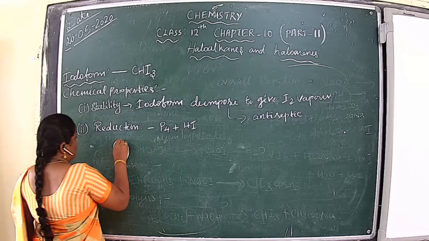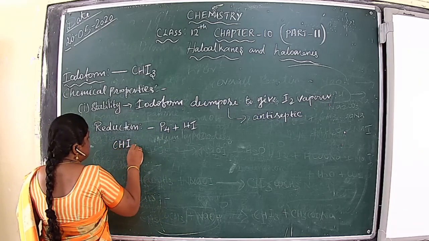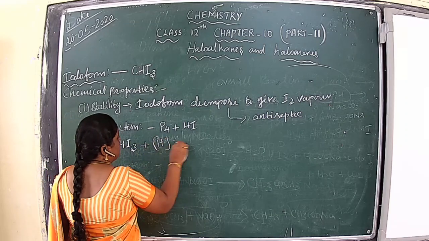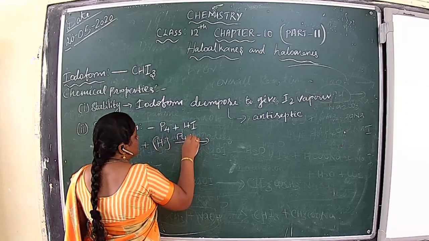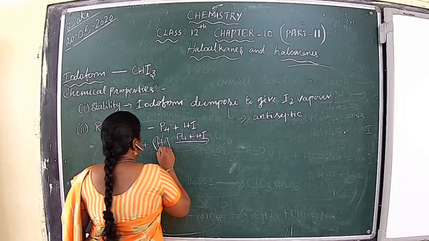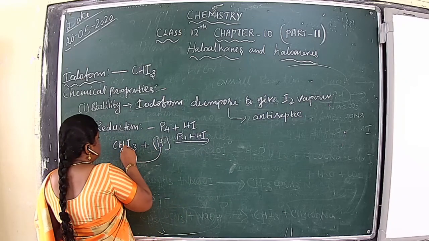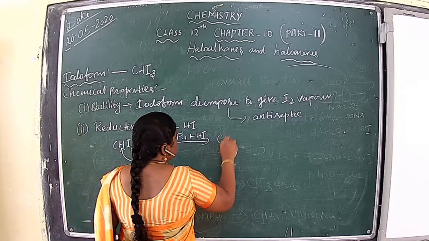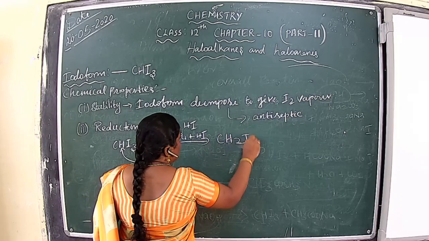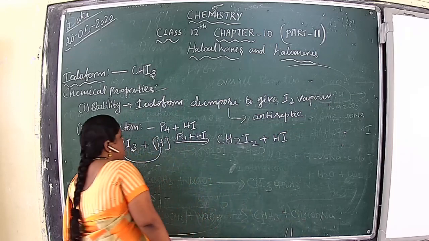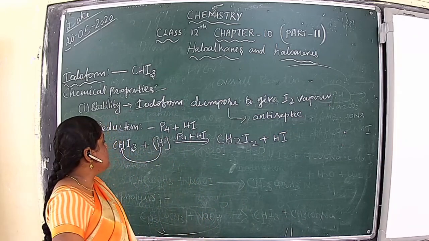So iodoform CHI3, on reduction in the presence of red phosphorus plus hydroiodic acid, one hydrogen we can add here, then one HI will go out. Then we can get CH2I2 plus HI. Understood? CH2I2 plus HI.